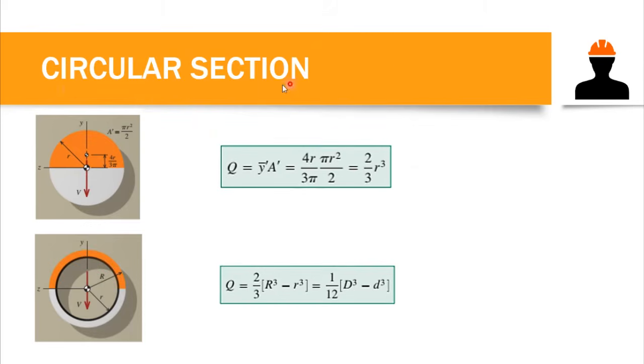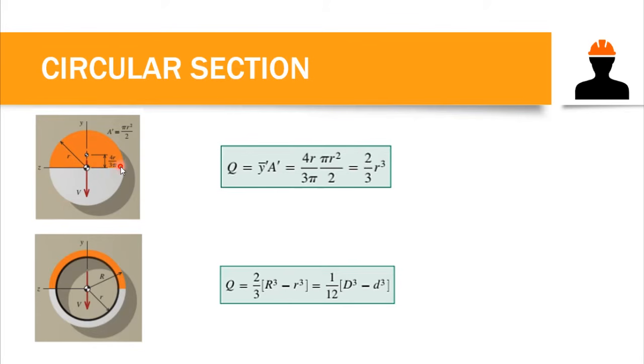Now for a circular section, as I have mentioned, our Q here is our area times the centroid to the neutral axis, ȳ times A. For a circular member, we might find it very difficult to compute for Q, so we have a given formula here, that is 4R over 3π, the location of the center of our semicircle to the centroid or center of the entire circle.